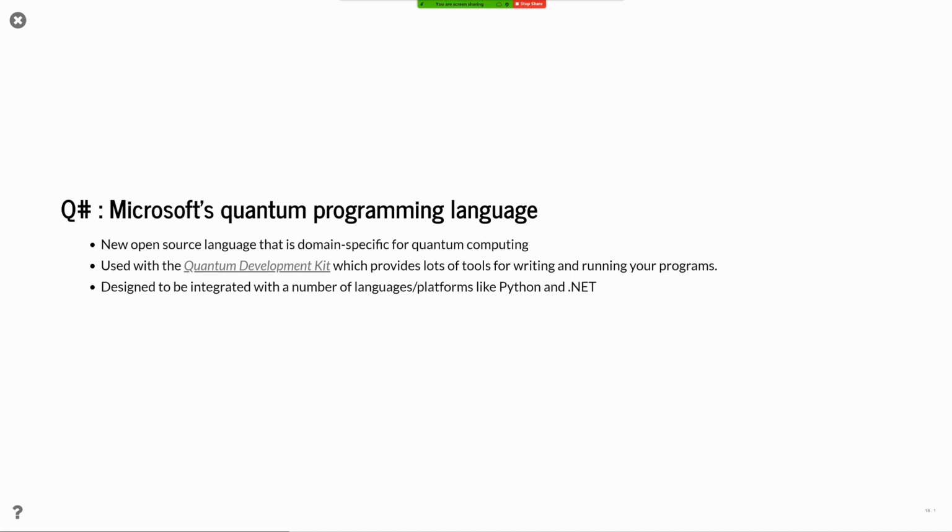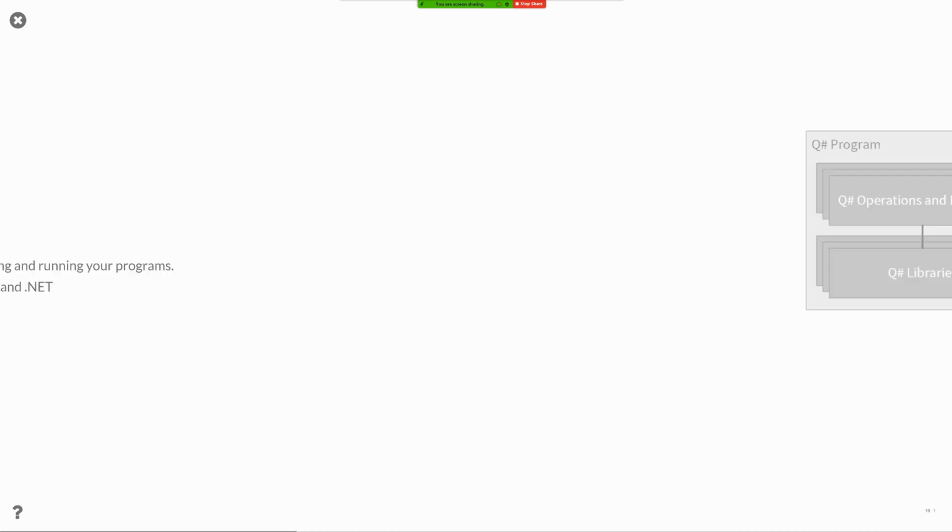And honestly, it wouldn't be too hard to potentially add other hosts. So that's the main idea. Q# is an entirely new programming language, not necessarily related to C# or any of the other languages, specifically designed to describe what quantum hardware can do.